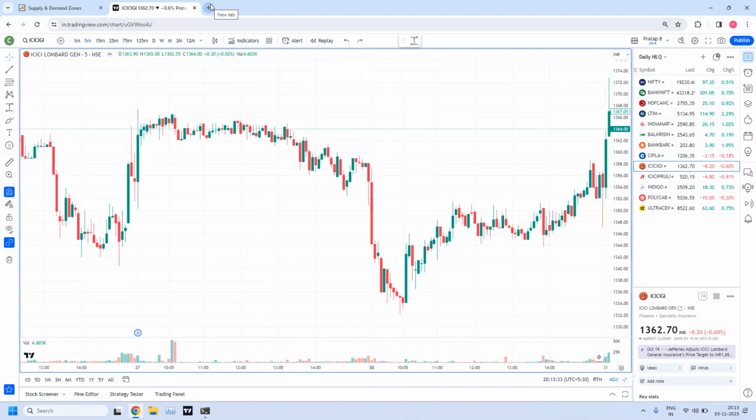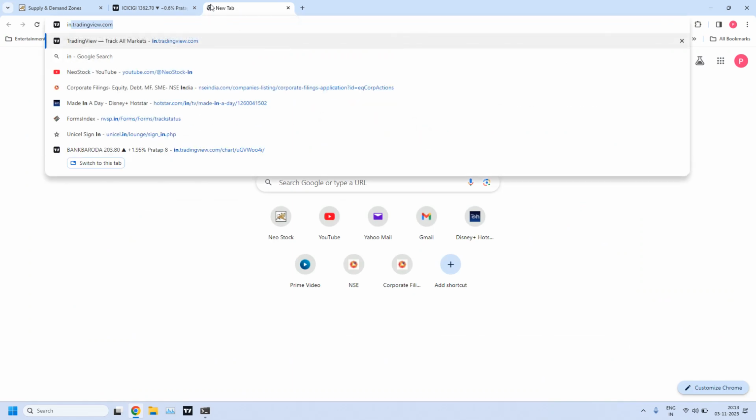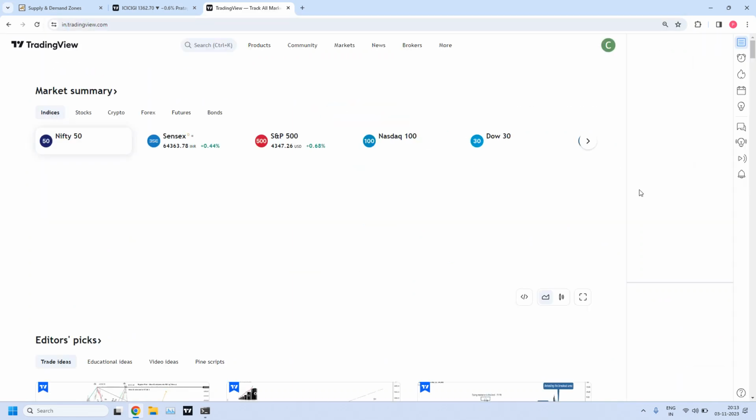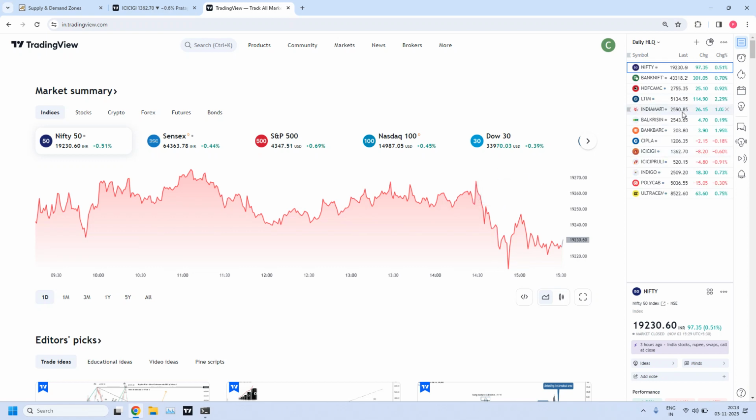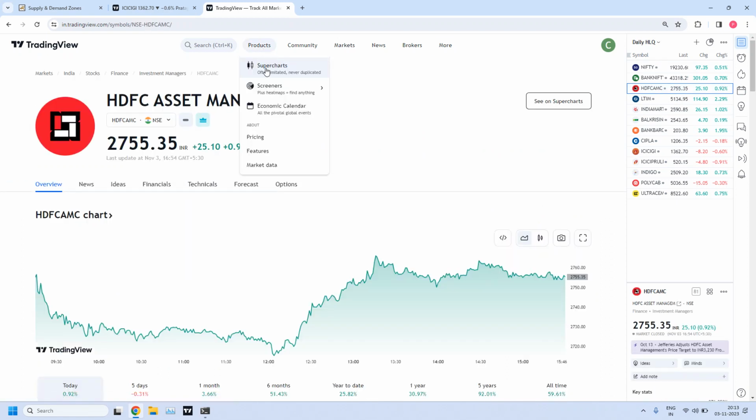So let me open a new chart, otherwise it's difficult to compare. So here I am opening HDFC AMC.